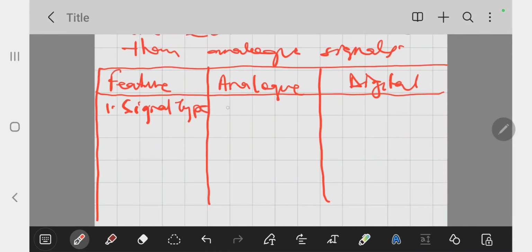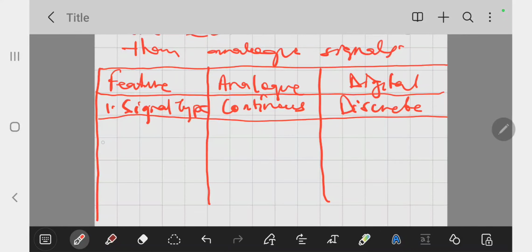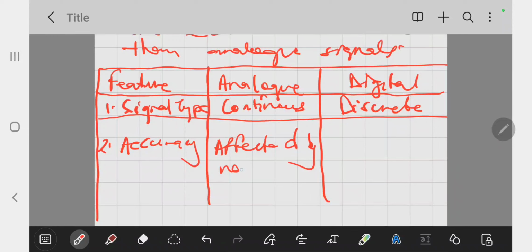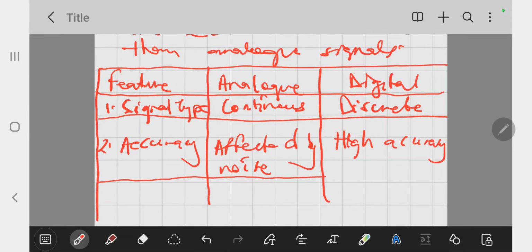In an analog system, it is continuous, but in a digital system, we've already seen that it is discrete, zeros and ones, which most of you know as a computer language. Number two, the accuracy. In an analog system, it is affected by noise, but digital signals have very high accuracy. They are not prone to mistakes.